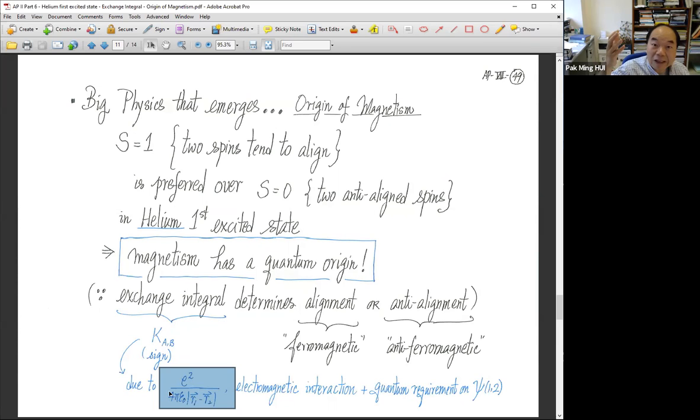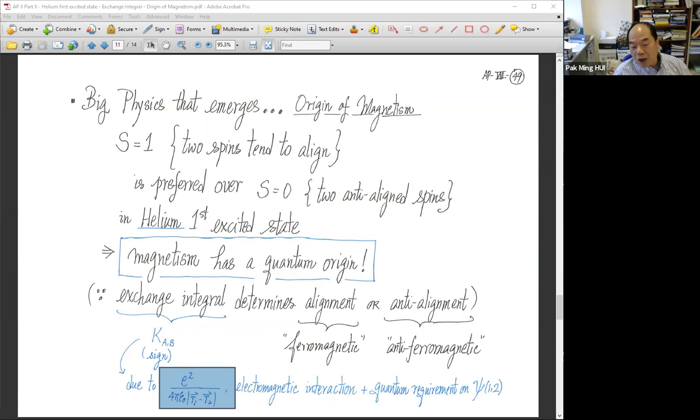If spins tend to anti-align with their neighbors, it is called antiferromagnetic. In fact, we see materials with these two types of properties.